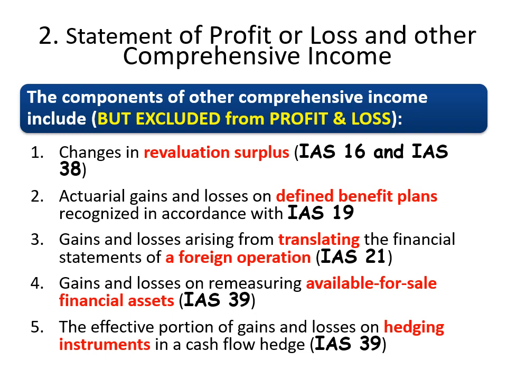Then the gains and losses should be included as part of other comprehensive income. We also might get gains and losses on remeasuring available for sale financial assets as regulated in IAS 39, and then we also include the effective portion of gains and losses on hedging instruments in a cash flow hedge as regulated in IAS 39.